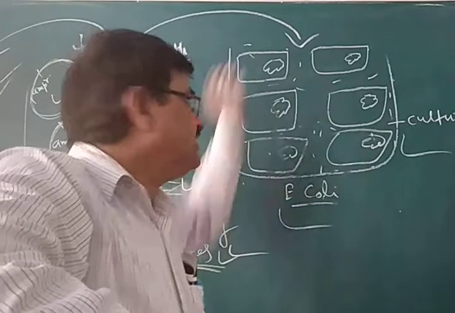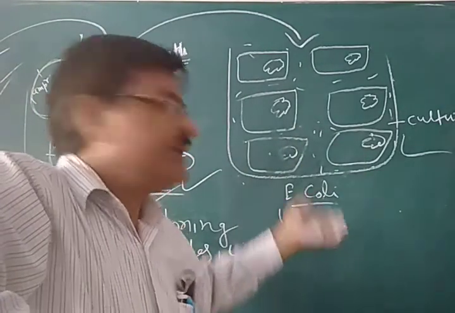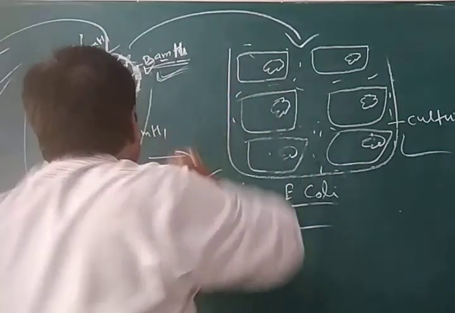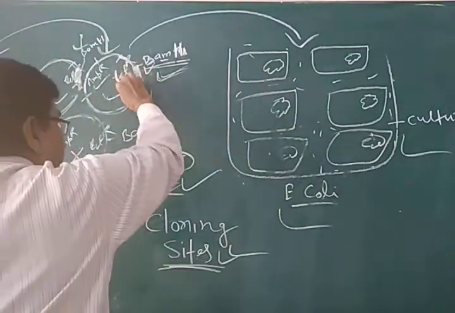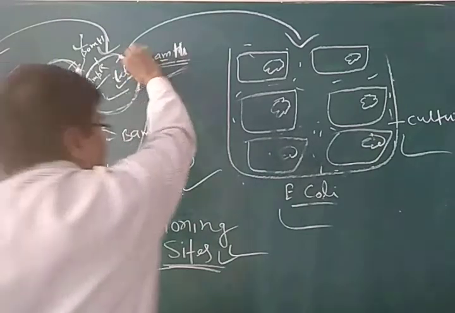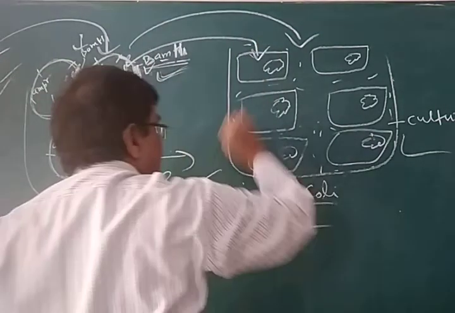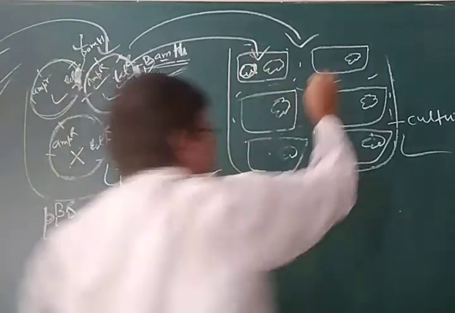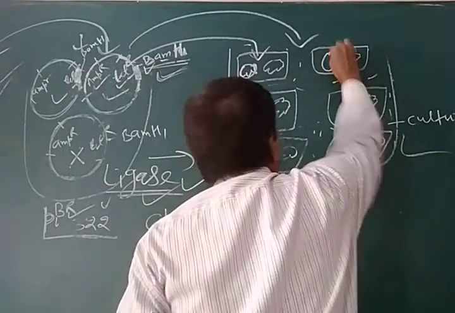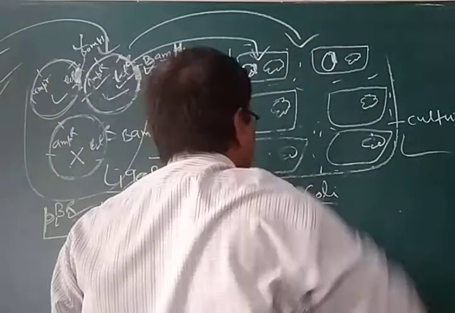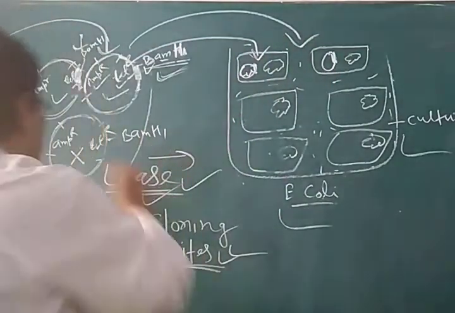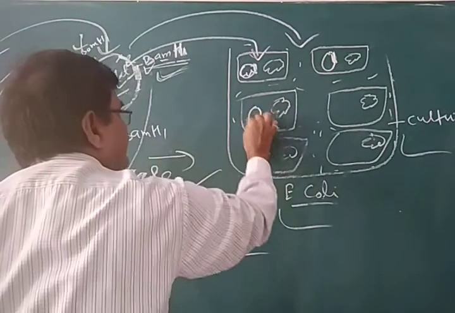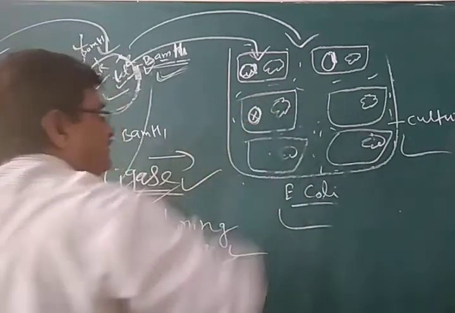This is the culture medium where there is the growth of E. coli. Now after this addition, suppose this is the recombinant, this one entered into this. Suppose this one also entered here, but in this one there is no recombination.